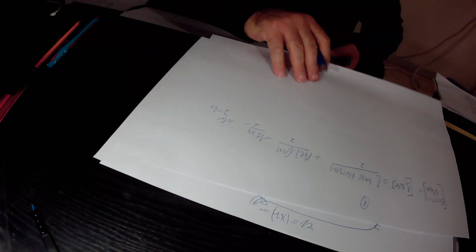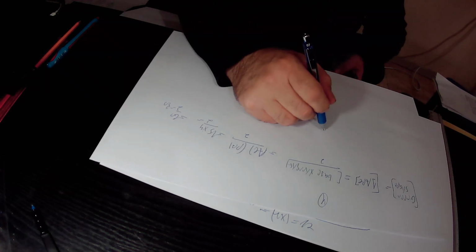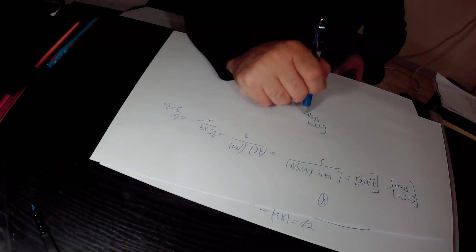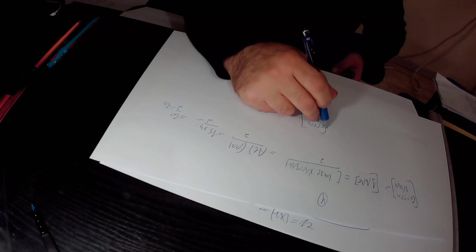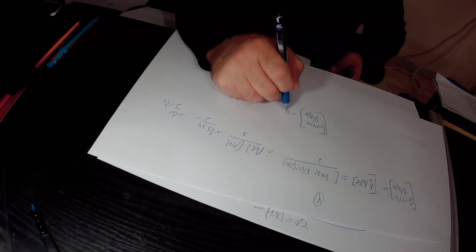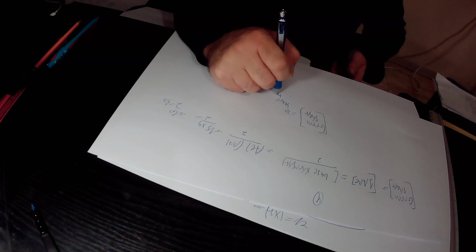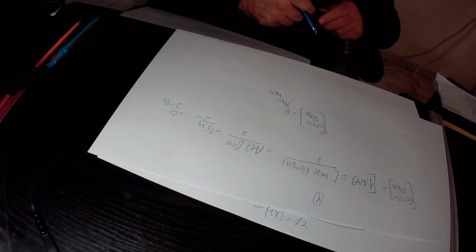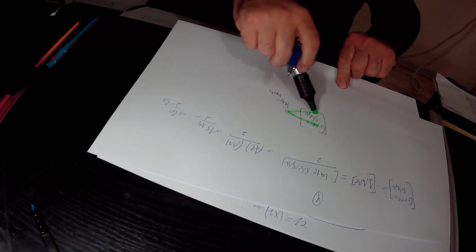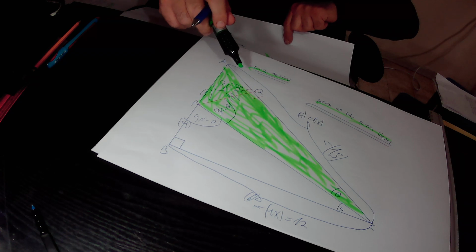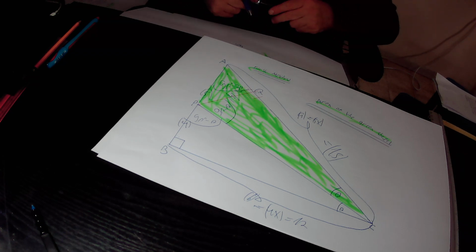So we found out that according to the first method of this question, the green shape is equal to 30 square units in size. So we finish with the first method.